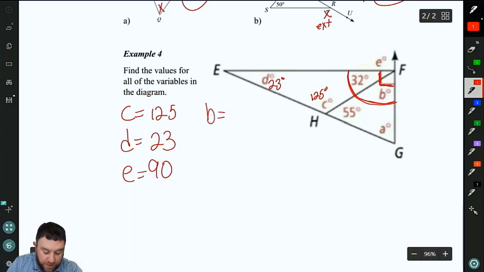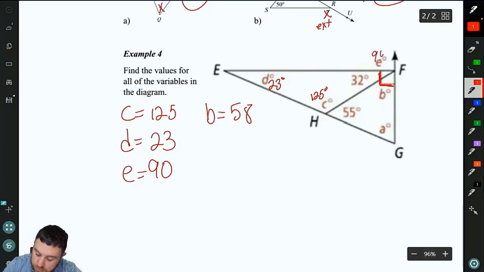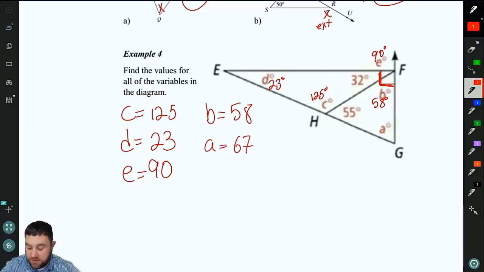So we can figure out that B is 58. If B is 58 and FHG is 55, we know that these three add up to 180. So we can go back and find that A is 67. And that gives us all of these angles.